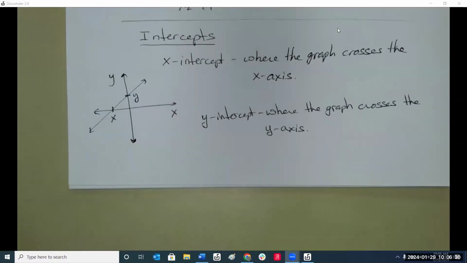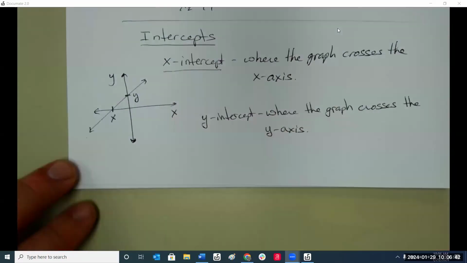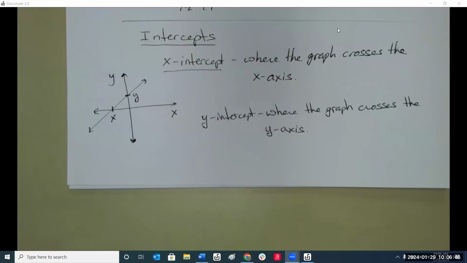Now, here's the important thing. If I give you a graph and you would find the intercepts for me, what's the location of the X intercept? Let me help you.